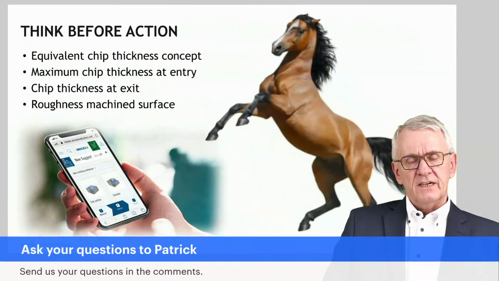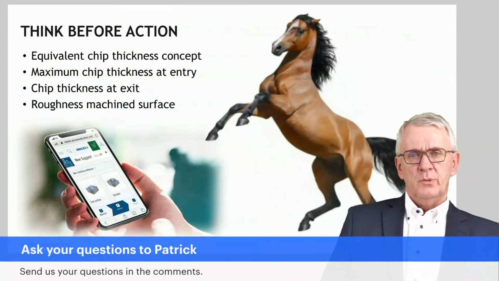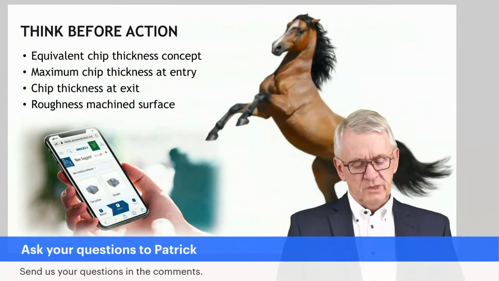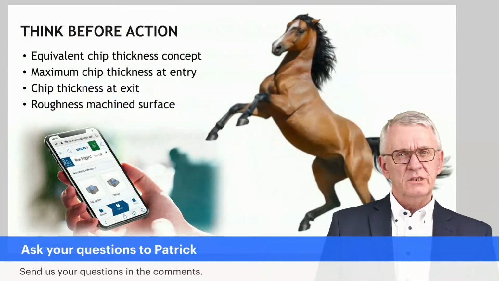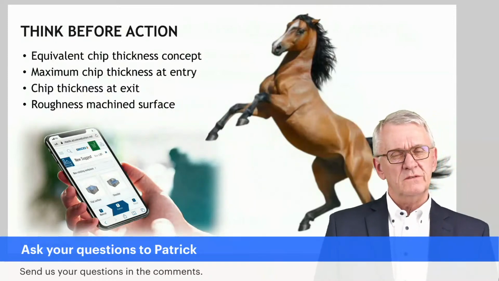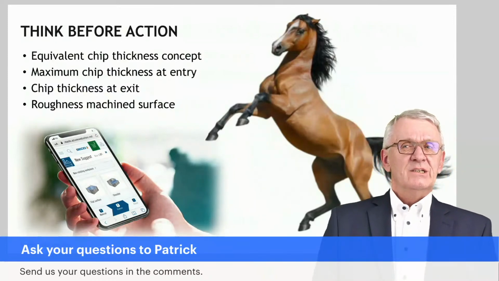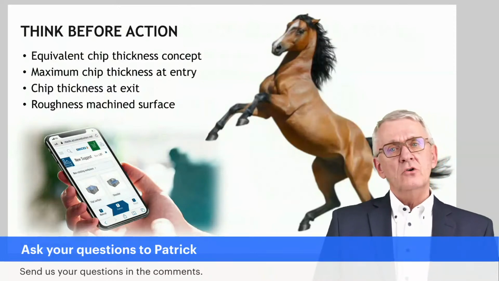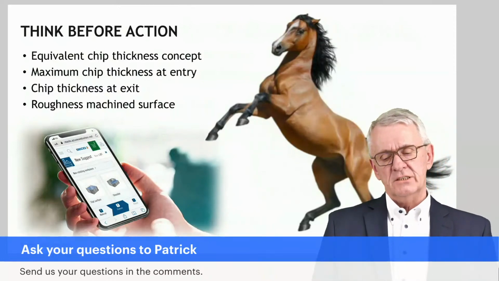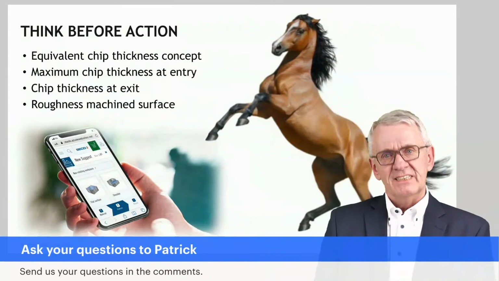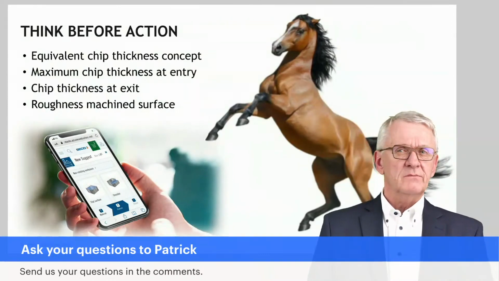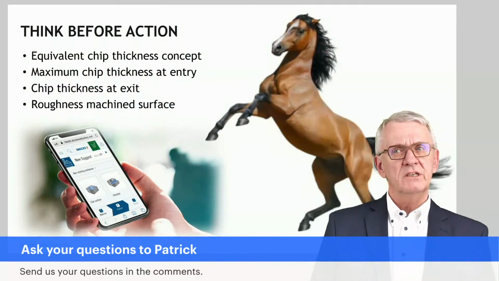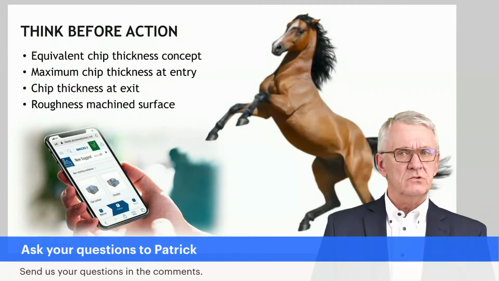Before you jump now very enthusiastically into the workshop and start doing things, be careful, because as I said, my challenge is that I only have 40, 45 minutes, so there are a number of things I haven't really been talking about. But don't worry, if you go for things like the Suggest software, these safety things are built in, because we have been discussing here the equivalent chip thickness, average chip thickness concept.